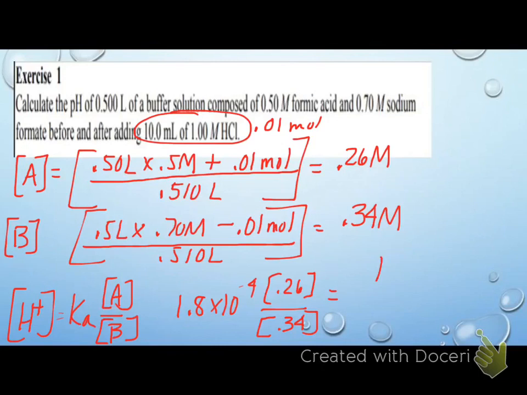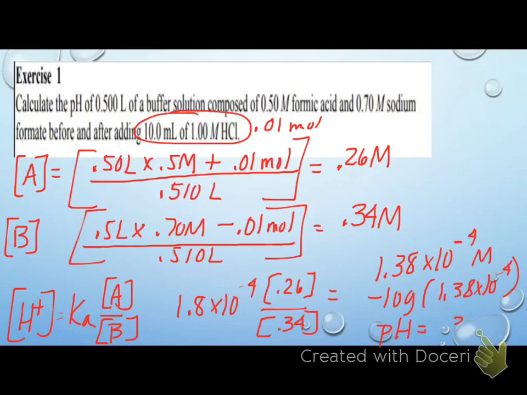I think I get 1 point, someone do that for me just to make sure I didn't. Yeah. Okay. So then my pH is 3.86. So you can see that because this is a buffer, I added 10 milliliters of acid and my pH only changed by 0.03. So it proves to you that this was a buffer. Okay? Now, any questions?